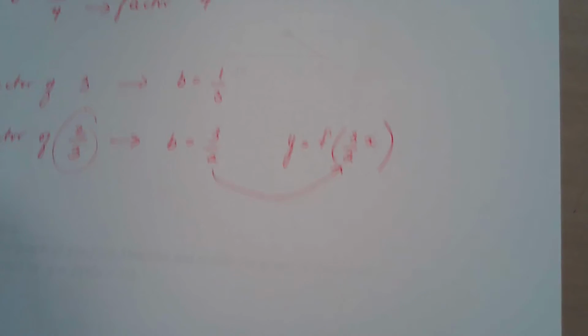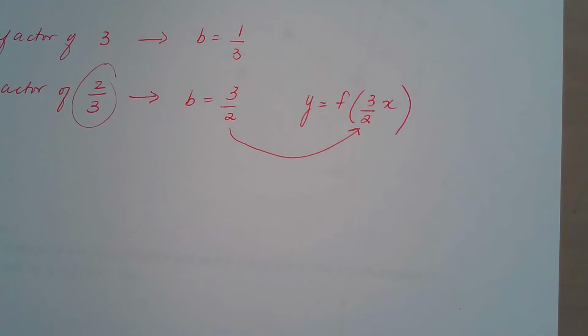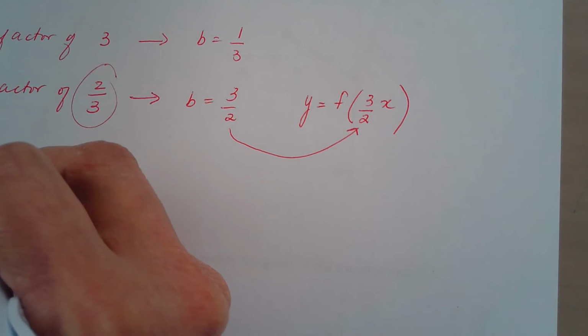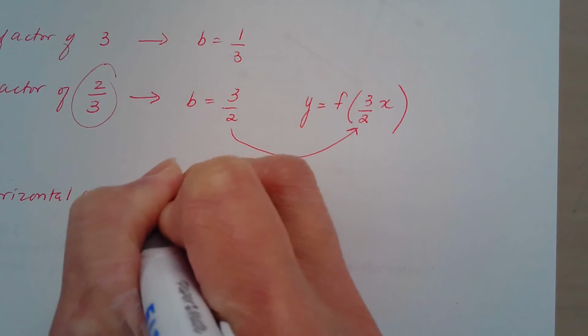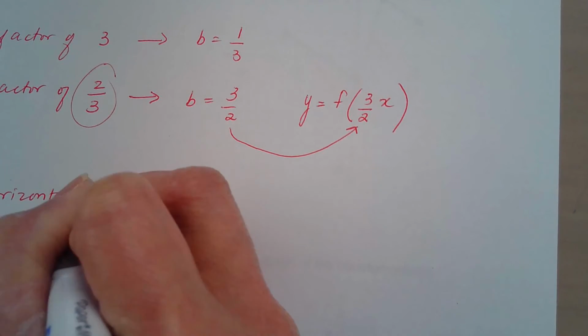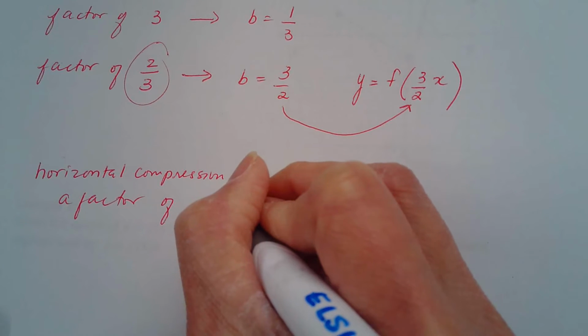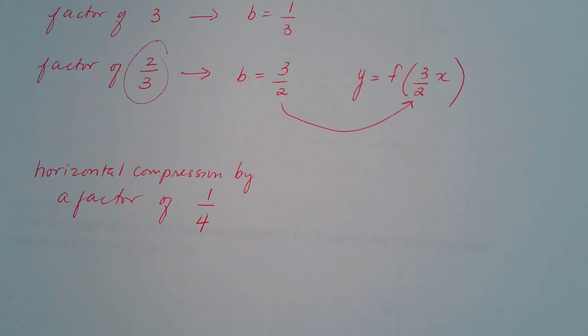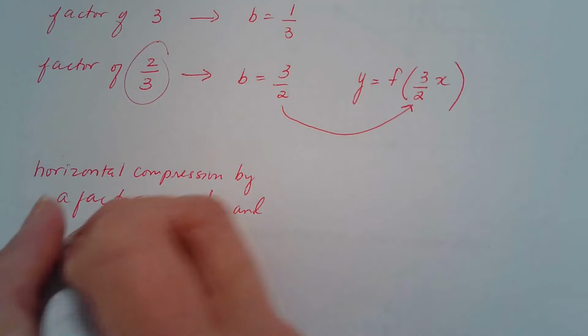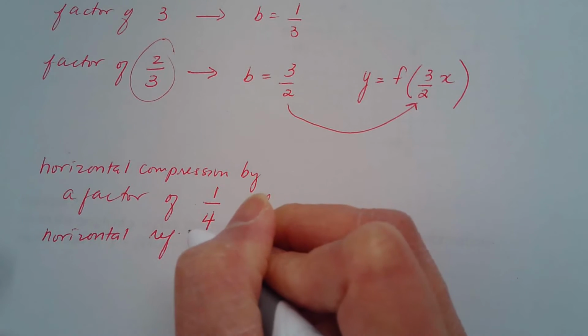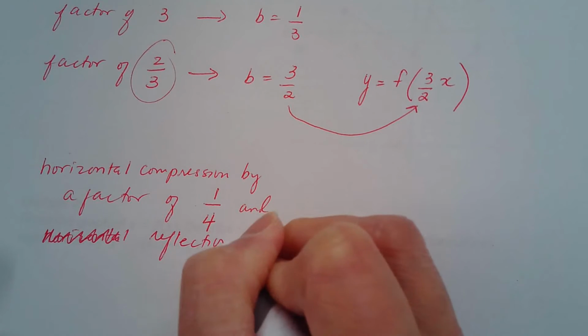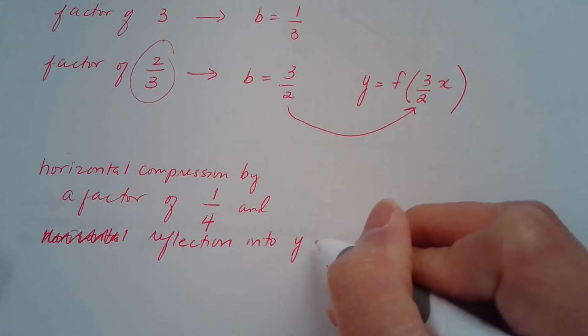Okay, let's do a negative. If it's a negative, then there is some kind of mention of a reflection into the y-axis. So let's say there's a horizontal compression by a factor of 1/4, and a horizontal reflection, as a reflection into the y-axis.